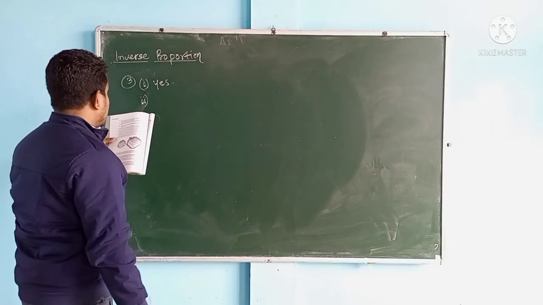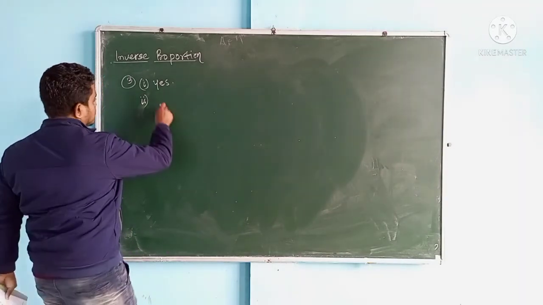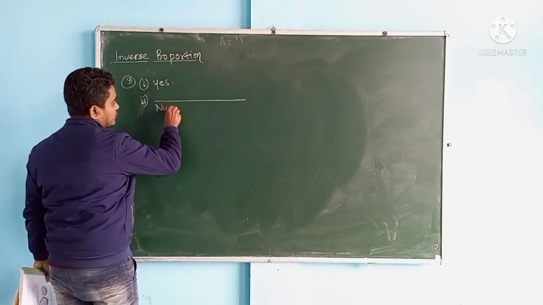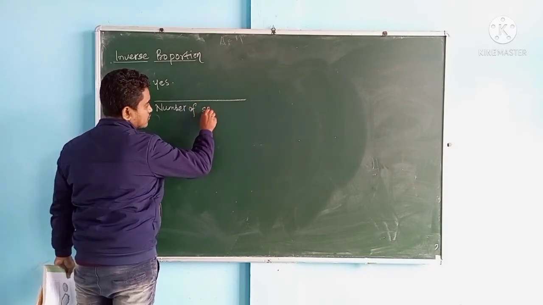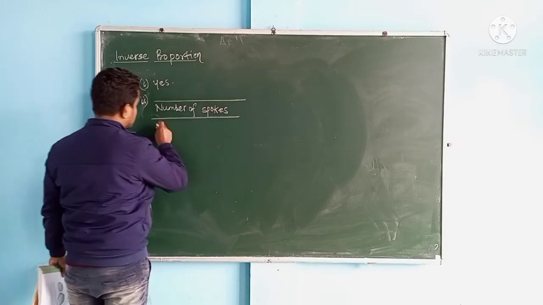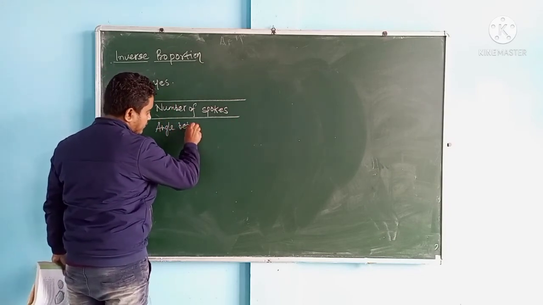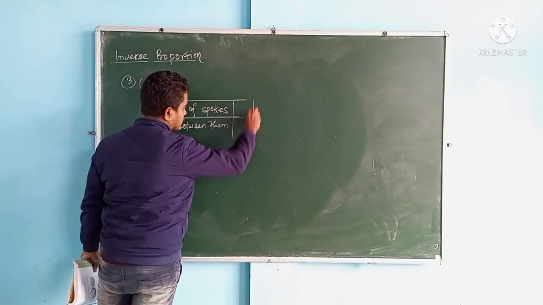Calculate the angle between a pair of consecutive spokes on a wheel with 15 spokes. Just form a table: number of spokes and angle between two spokes.